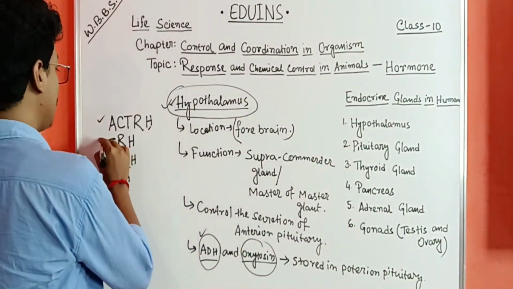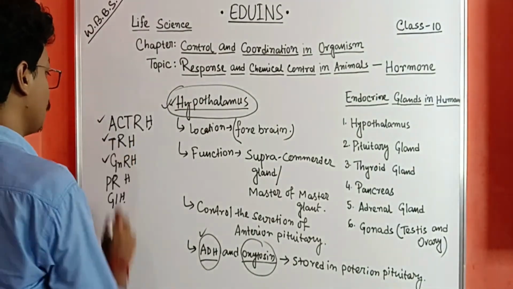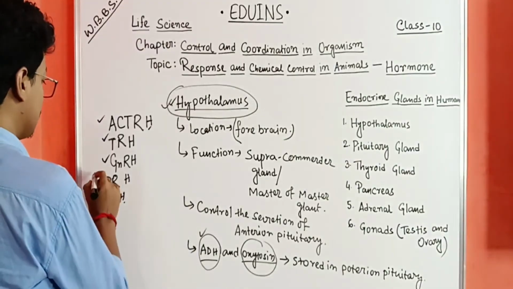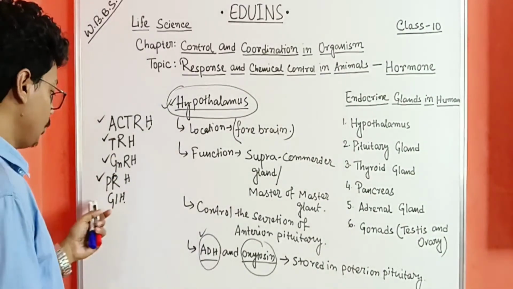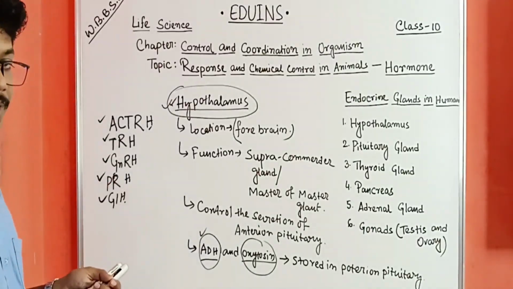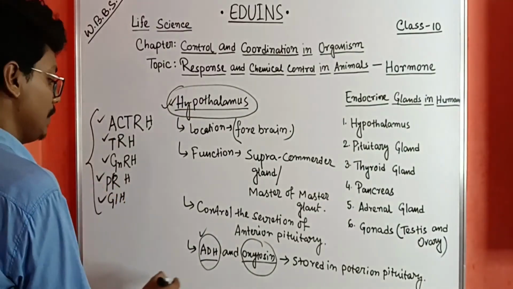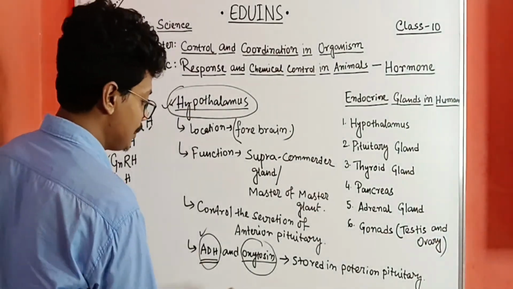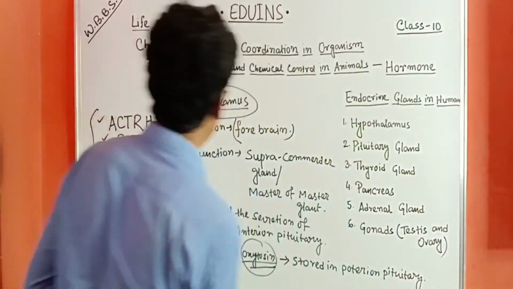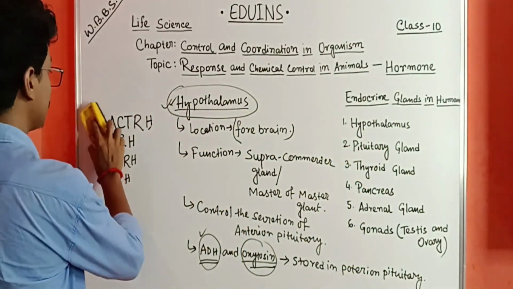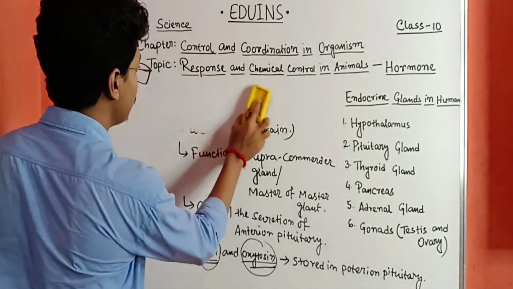This is thyrotropic releasing hormone. This is gonadotropin releasing hormone. This is prolactin releasing hormone, and this is gonad inhibiting hormone. These hormones are secreted from the hypothalamus, additionally the ADH and oxytocin. So we complete the hypothalamus.